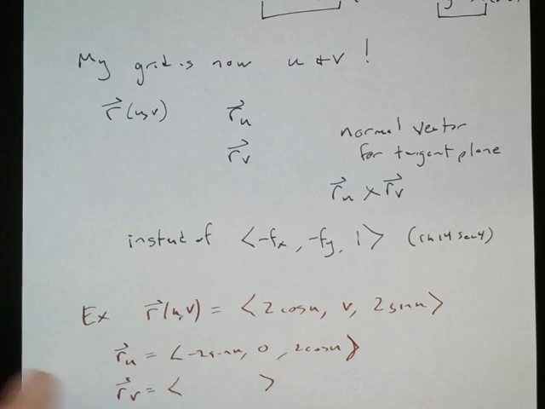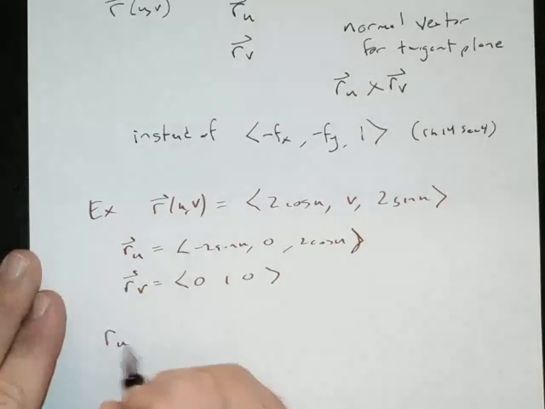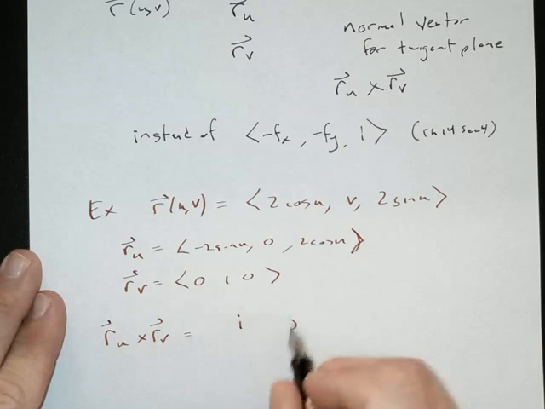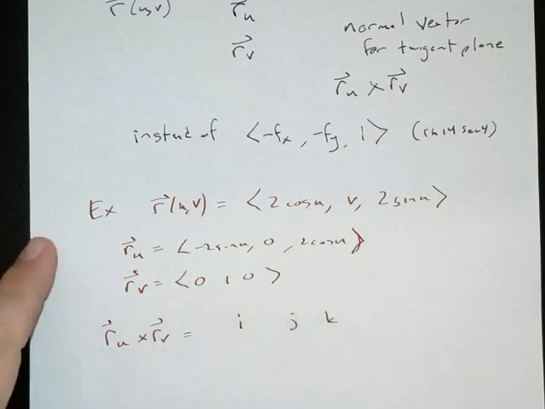What about RV? So to find the normal vector, I do the cross product. We seem to be going back to this formula over and over and over again.